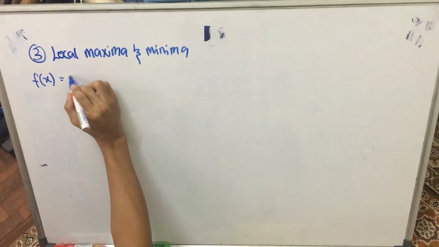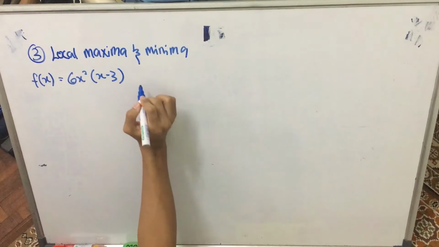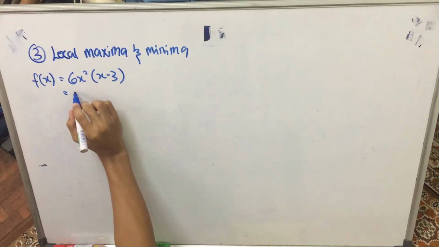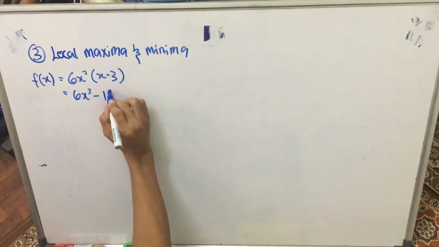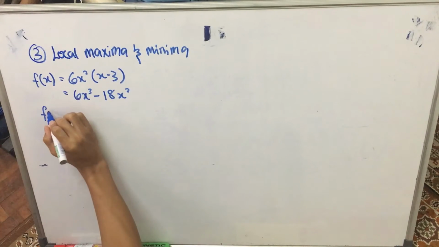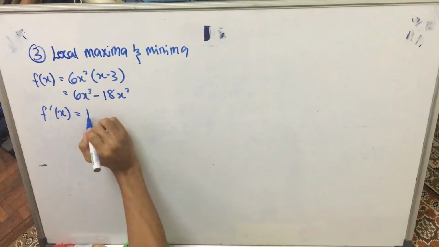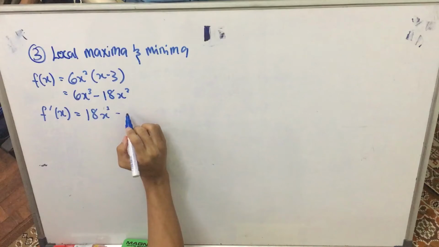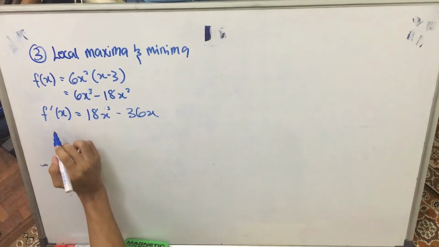The function equation is 6x squared times (x minus 3), or it becomes 6x cubed minus 18x squared. Now we differentiate it, write it down as f prime of x, 18x squared minus 36x, and then we equate it with 0.